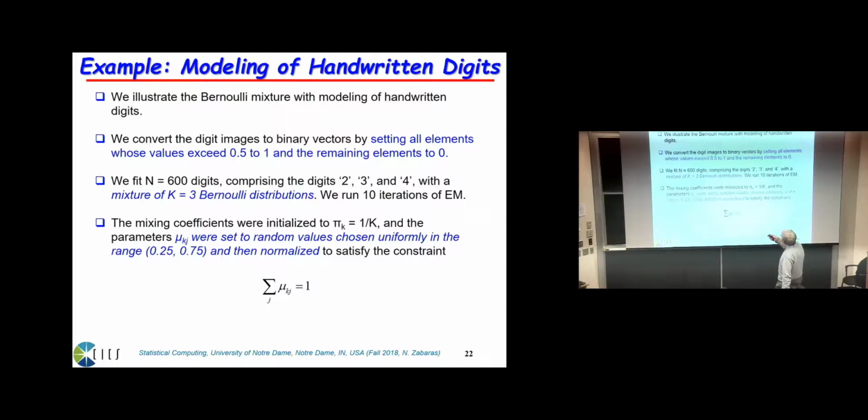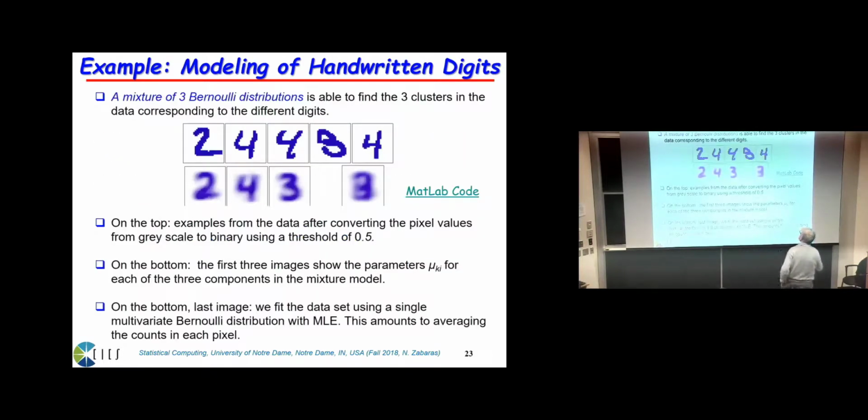If it is a color image, pixels from 0.5 to 1 you call 1, and from 0 to 0.5 you call 0. All right, so we can do our algebra. What happens is you get nice results: a mixture of 3 multi-Bernoulli distributions here, and you can see their centers are 2, 4, and 3.